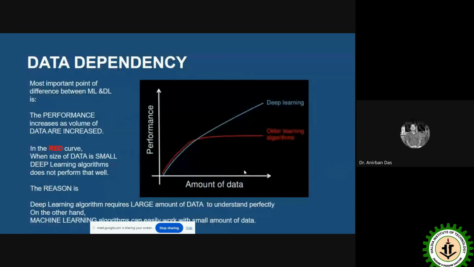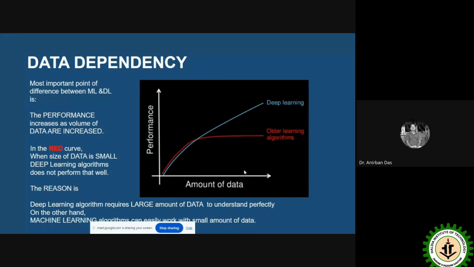If you feed a very minimum amount of data, ultimately it is not going to work. As you see with the red line in the curve, it is not performing better because the number of data inputs is not sufficient.